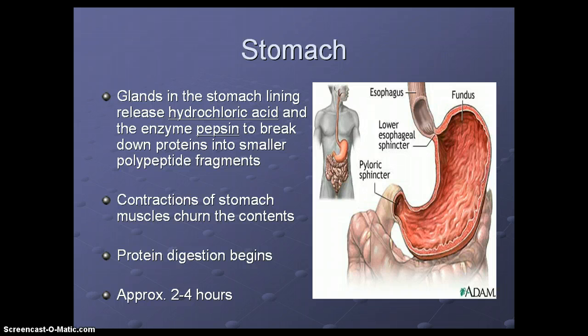Contractions of stomach muscles churn the contents to create something called chyme, which is basically an oatmeal-y textured liquid that contains all the broken down foods and enzymes. In the stomach, this is where protein digestion begins, and it takes approximately 2 to 4 hours. So food will sit in your stomach for about 2 to 4 hours as it's being broken down by hydrochloric acid and pepsin.